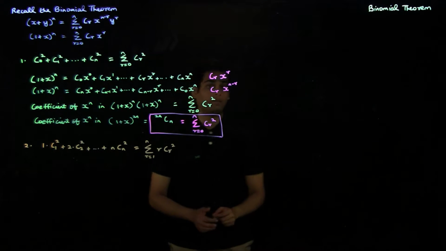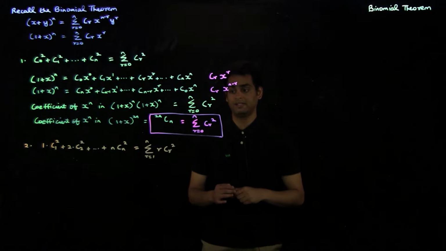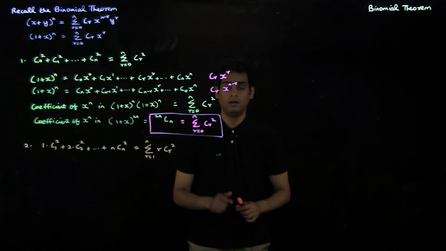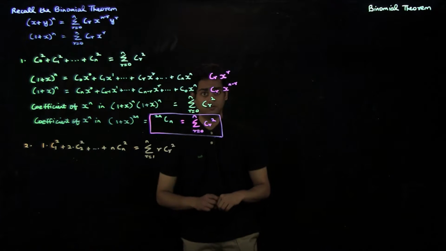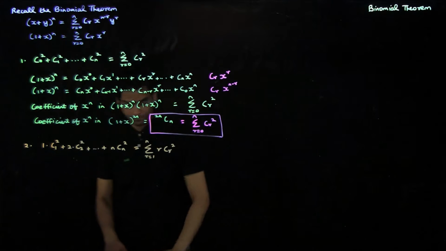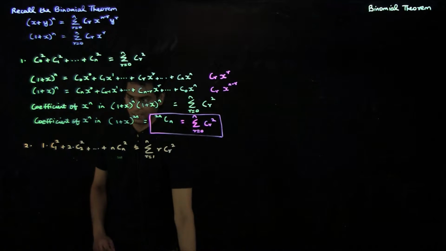If you recall from our previous lecture, we looked at how we could obtain RCR as a coefficient of a certain expansion, and so we can write that out once again.